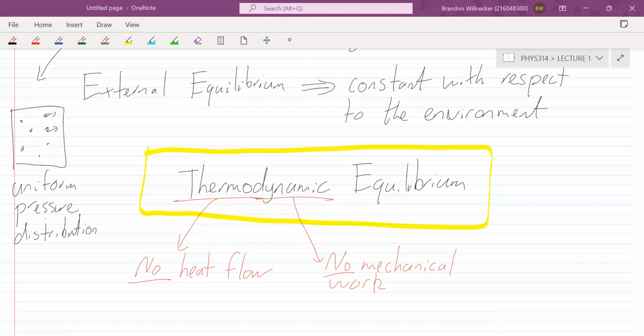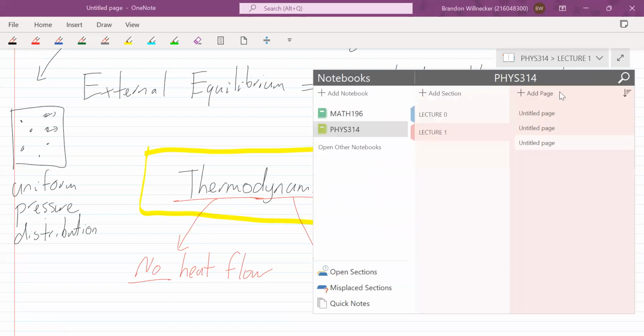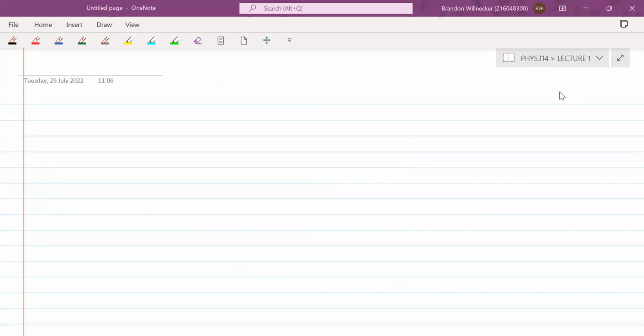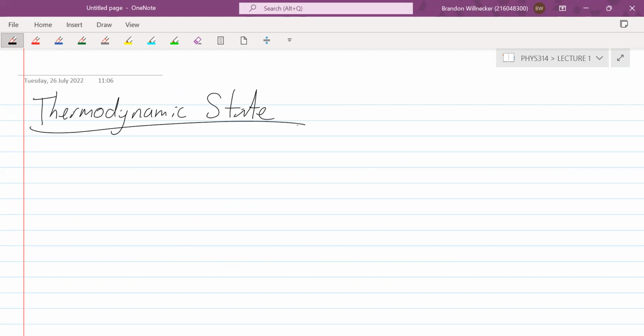Okay, so is everyone okay with the idea of thermodynamic variables and equilibrium? Okay, awesome. Let's have a look at the next bit of vocabulary, and that is a thermodynamic state. So definition.